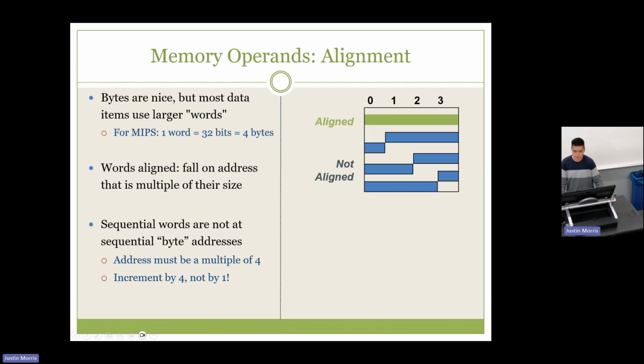But if a word starts at 1 instead of 0, then we're not quite aligned. The same thing if we're at 2, we're 50% in this word, 50% in this word. We want to stay word aligned so that we can just keep accessing by multiples of 4.